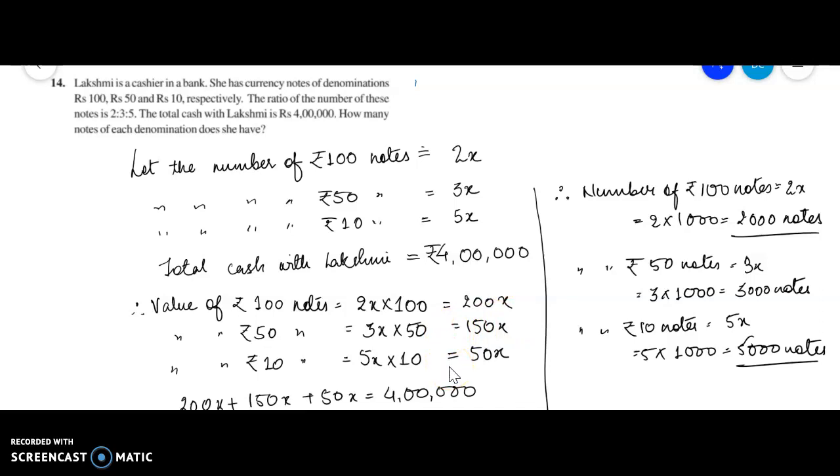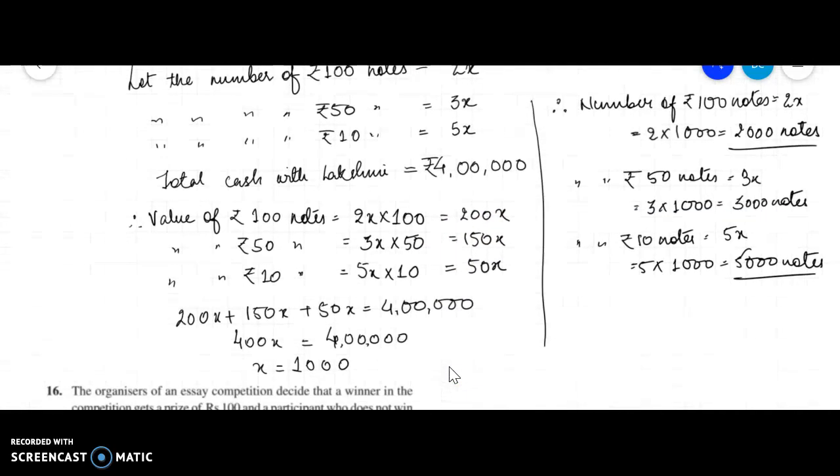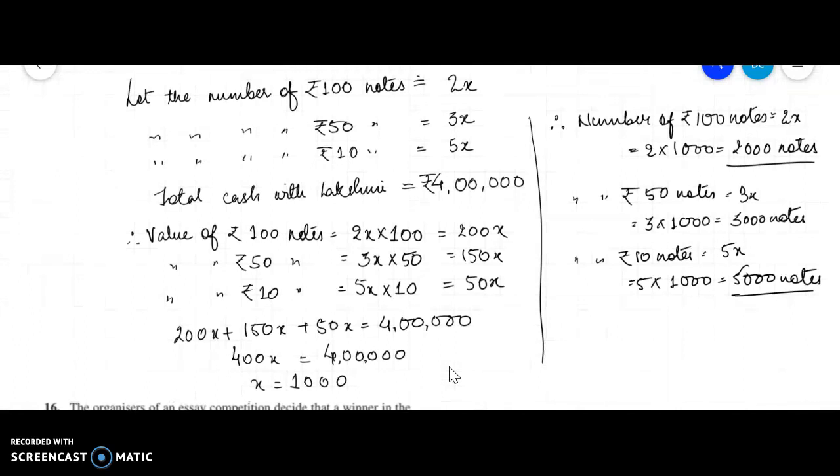Now, when we add up these values, we get 200x plus 150x plus 50x equals 4 lakh rupees. When you solve it, you get x is 1000.